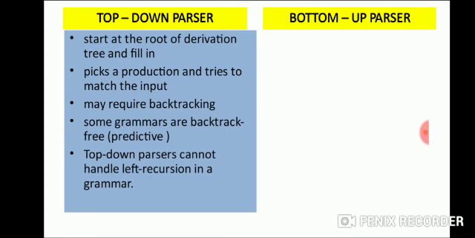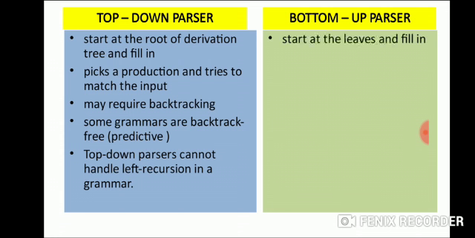Now come to bottom up parser. It starts at the leaves and fills in upward, as the name indicates, bottom up. It starts in a state valid for legal first tokens. In shift reduce parsers, or bottom up parsers, it works with the tokens and has a lookahead of length 1 and length 0 as well.